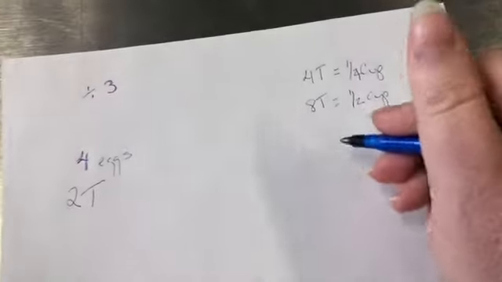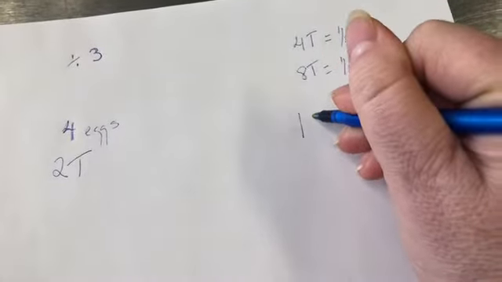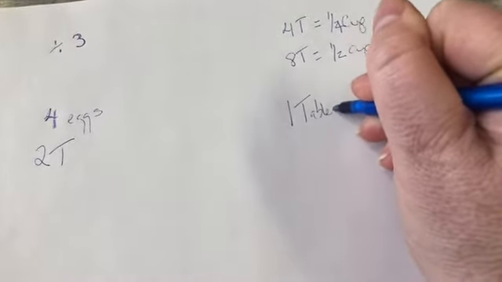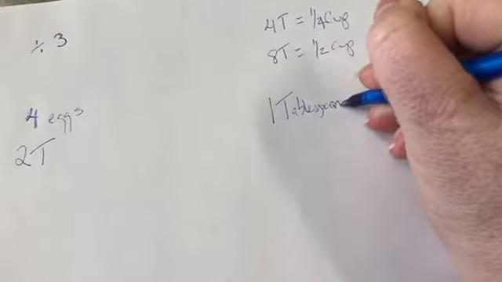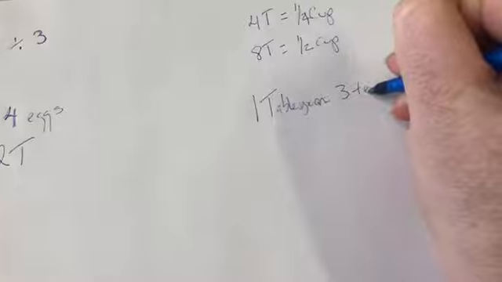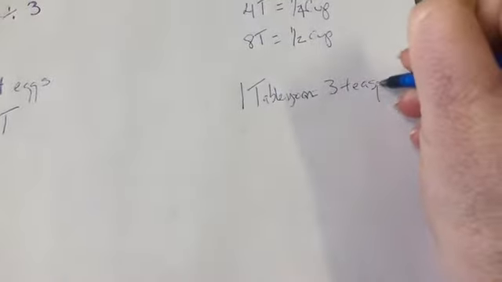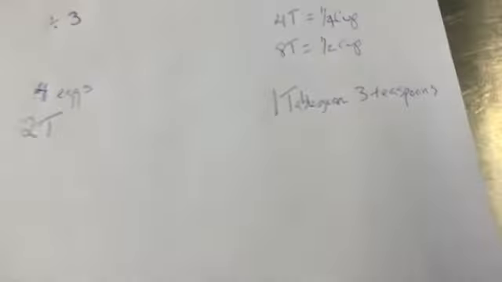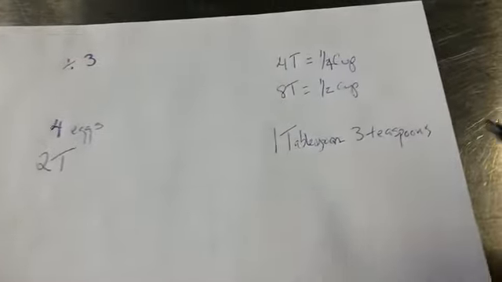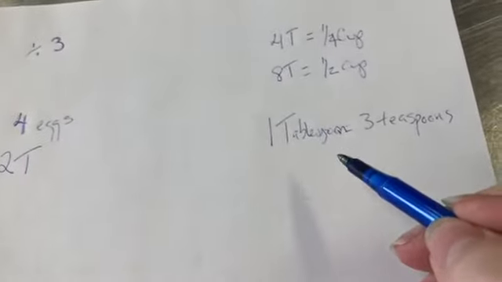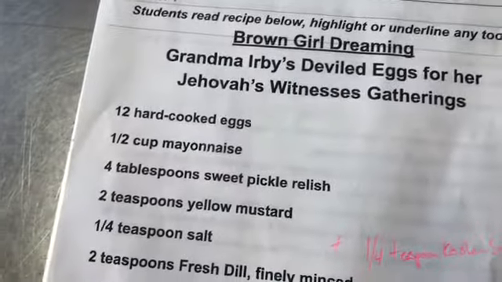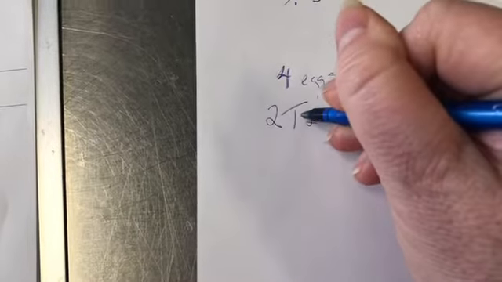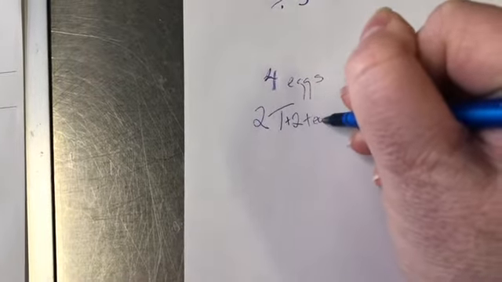Well, I also happen to know that 1 tablespoon equals 3 teaspoons. So 2/3 of a tablespoon would equal 2 teaspoons. So our half a cup of mayonnaise divided by 3 ends up being 2 tablespoons plus 2 teaspoons.